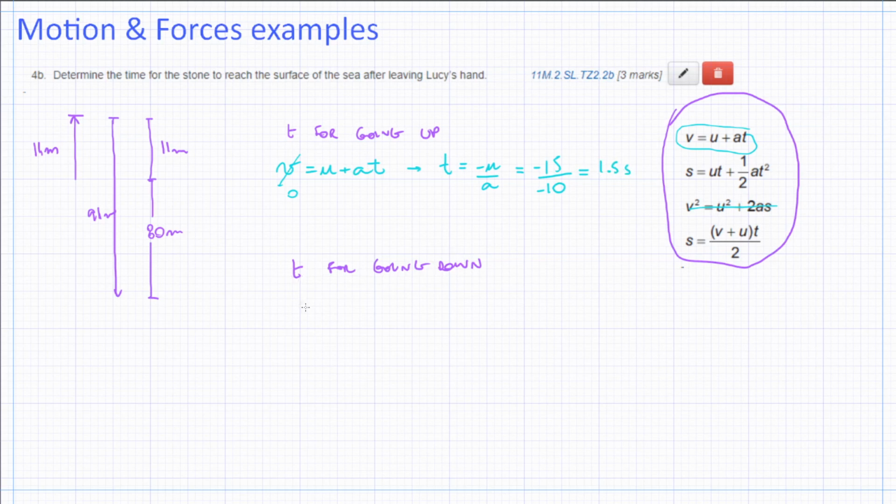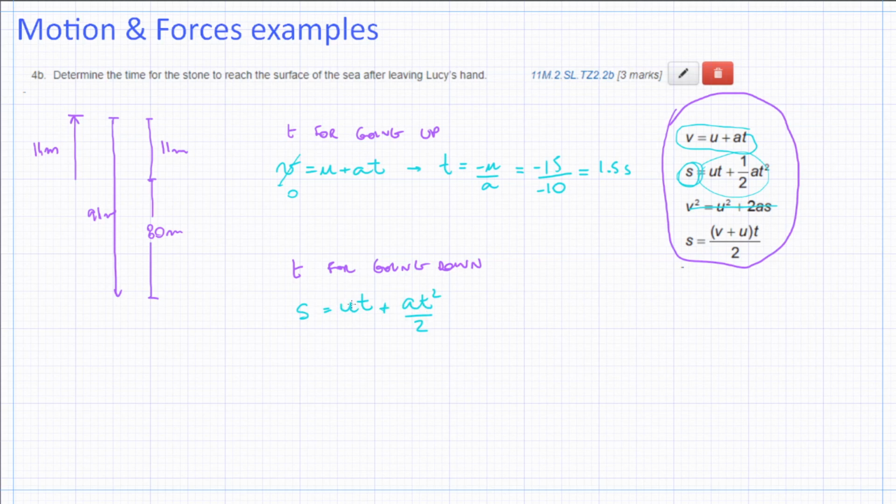Now for the second part of the motion, I believe we could use the same equation, right? Because we know initial velocity, which is 0, we know final velocity, and we know the acceleration. Oh no, in fact we don't know the final velocity, so we cannot use this first equation. However, we know our displacement, we know acceleration, so we can use this one, right? So s equals ut plus at squared divided by 2.